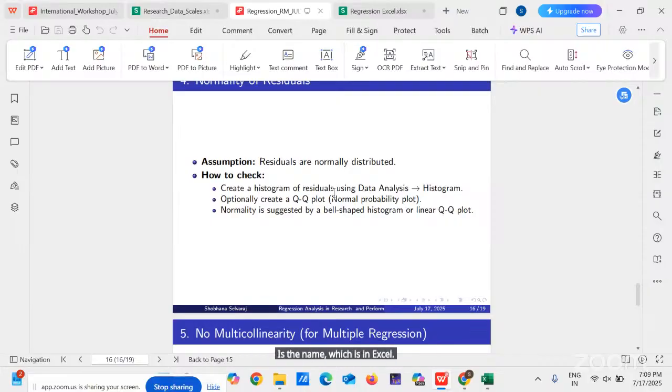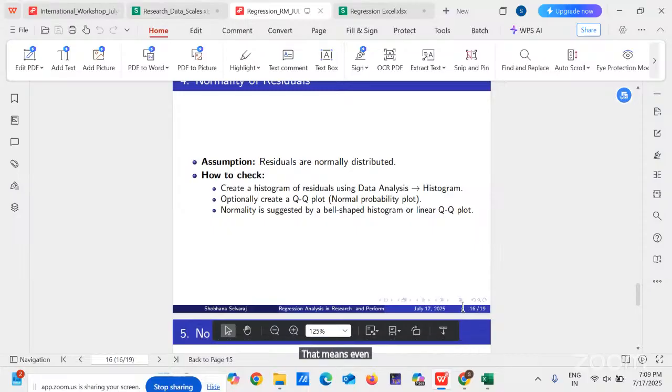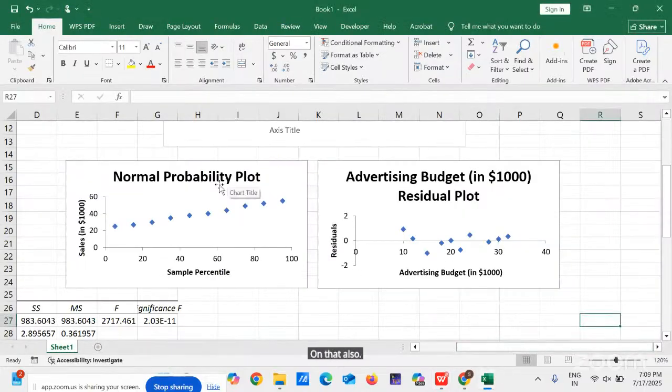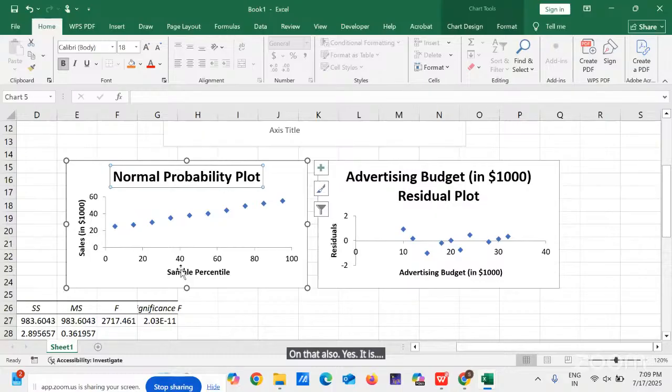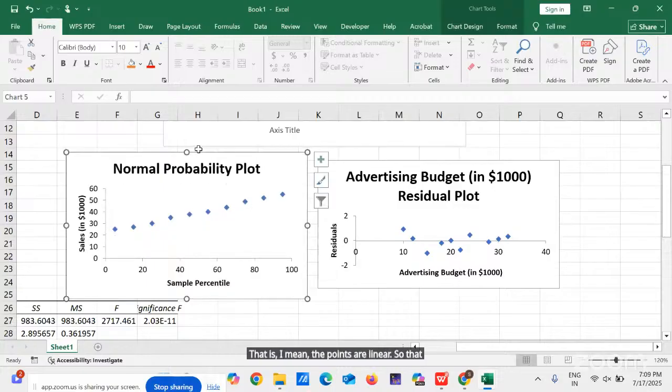QQ plot we see in SPSS. So if our normal probability plot is looking like a linear, that is, look somewhat like a straight line, that means even this assumption is satisfied. So let us have a look at that also. Yes, it is linear, isn't it? The points are linear, so that normality assumption is also satisfied.